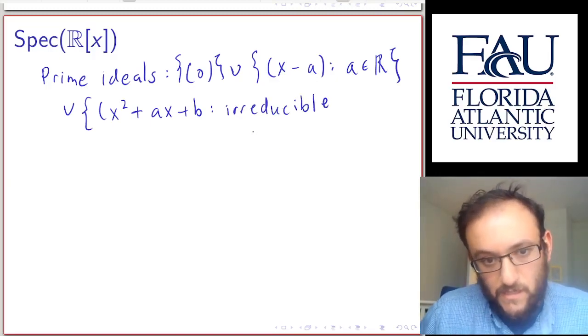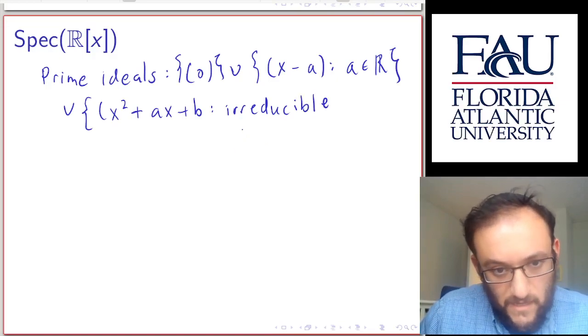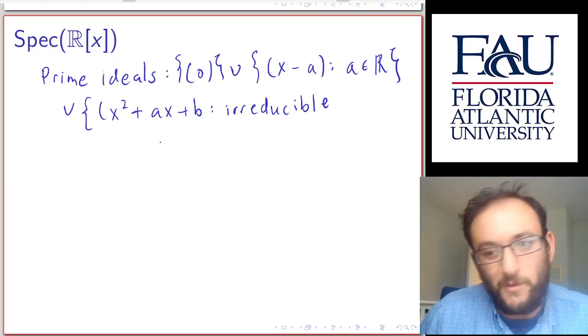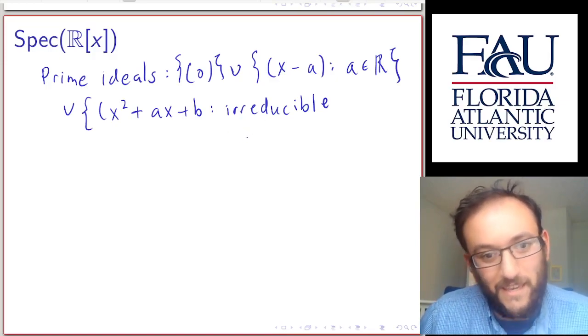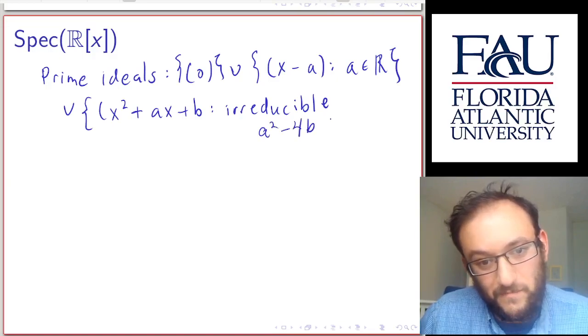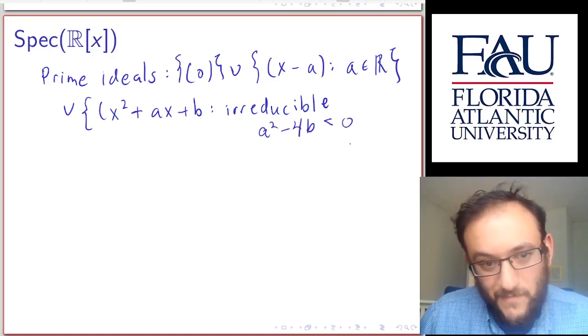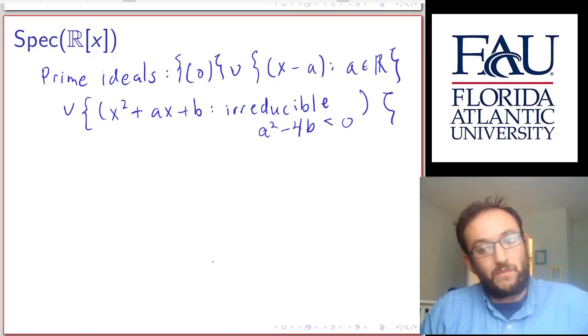In other words, this satisfies, oh no, the letters are off. So this is going to be a squared minus 4b is negative. Okay, and so these are the set of prime ideals.